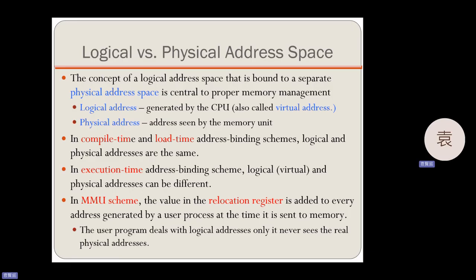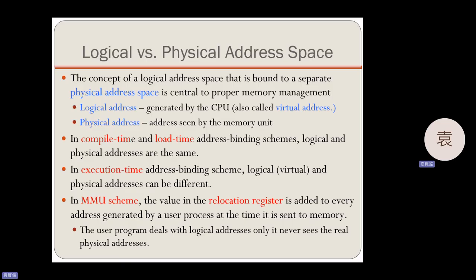The concept of logical to physical address space is that a logical address space is bound to a separate physical address space, and the mapping is done by a special memory management unit.